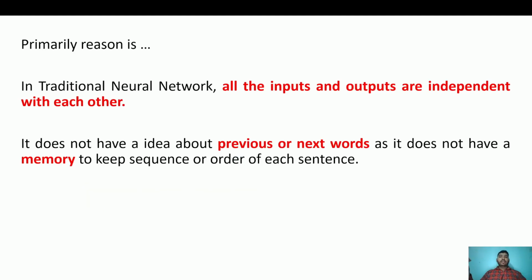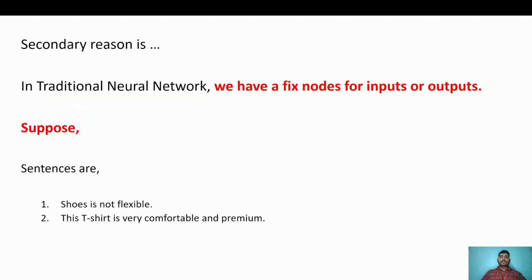The primary reason is that in a traditional neural network, all the inputs and outputs are independent of each other. It does not have an idea about the previous or next word, as it does not have a memory to keep the sequence or order of each sentence. Right, hope you got the idea why a traditional neural network is not useful for sequential data.